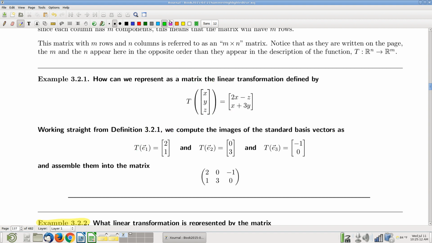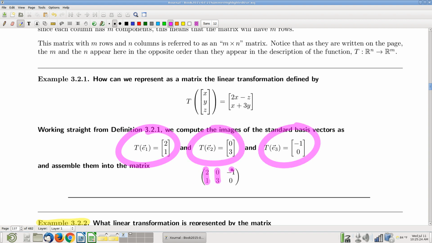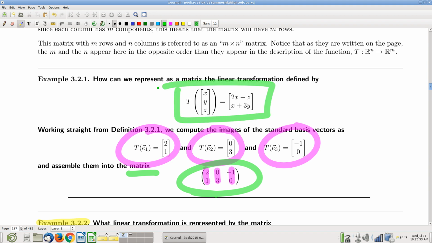E2, out comes 0, 3, etc. So you have these three images of the standard basis vectors, and those are the three columns that we make, and therefore this is the matrix that represents that linear transformation. Everybody see how that works? It's real easy to do. Just plug in the standard basis vectors, see what drops out, put those into the columns.